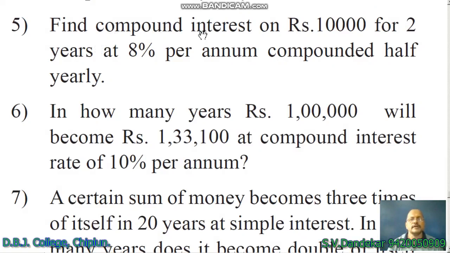Find compound interest on rupees 10,000 for 2 years at 8% per annum compounded half yearly.